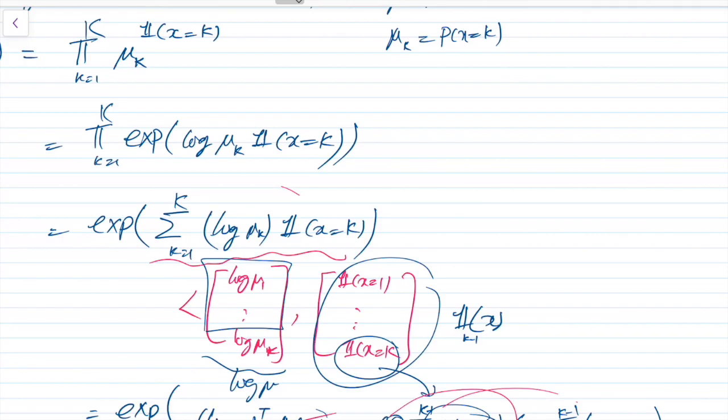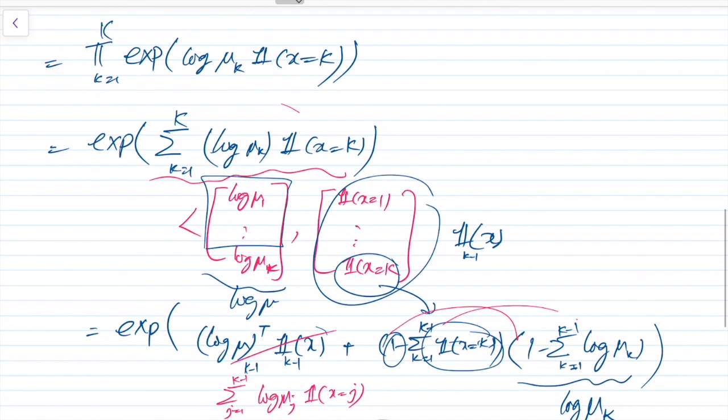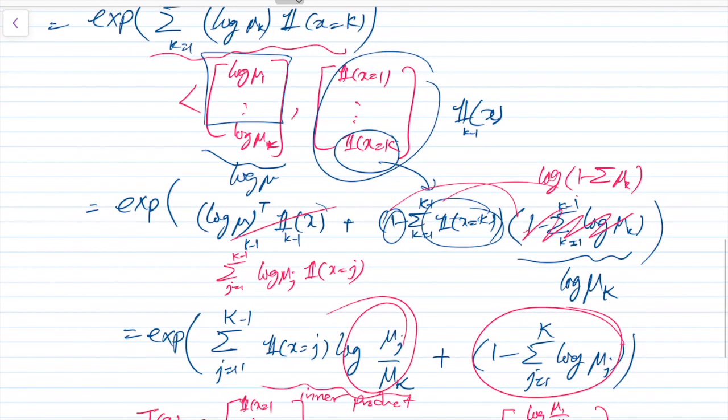Oh, right. Yes, that's right. You're right. So it's going to be log of 1 minus mu k. But that doesn't change the rest of it, right? And I guess this has to change to log of 1 minus sum of mu k.